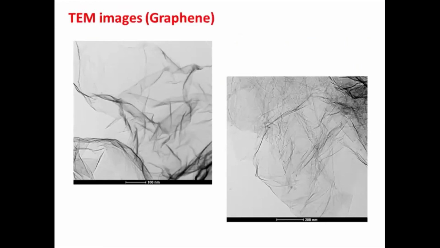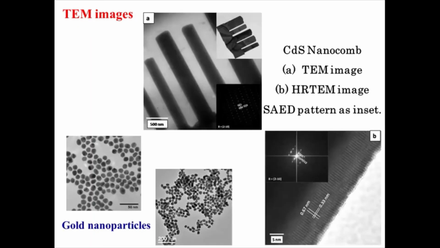These are some of the images obtained on our TEM. So these are ultra thin sheets of graphene. These are chemically prepared, not mechanically exfoliated, but you can see the quality. They are ultra thin. Then one of the students has made CdS nanostructures which look like a comb. So we have named them nanocombs, and on the right hand corner you can see a lattice row.